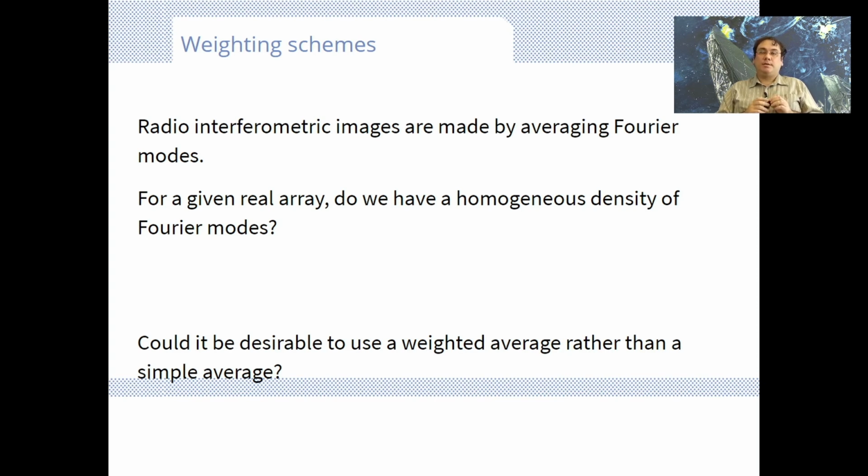Now let's look at how we can bias our visibility measurements in a way such as to suit our science. So to do this, we assign weights, right? So we need to ask ourselves, for a given array such as, say, MeerKAT, do we get a homogeneous density of these Fourier or spatial frequency measurements?